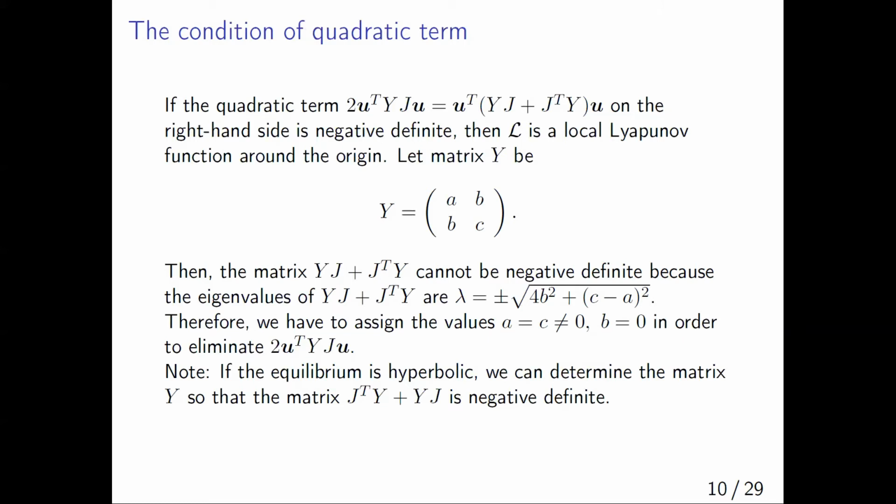Therefore, we have to assign the values a equals 0 and b equals 0 in order to eliminate the quadratic term. If the equilibrium is hyperbolic, we can determine the matrix Y so that J transpose Y plus YJ is negative definite.